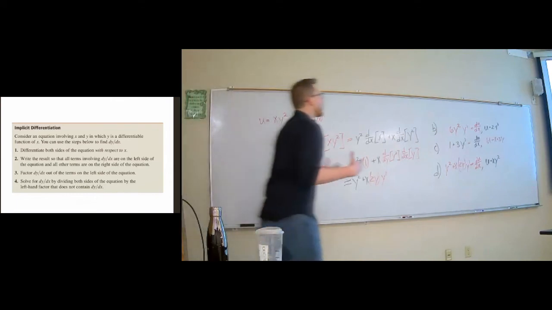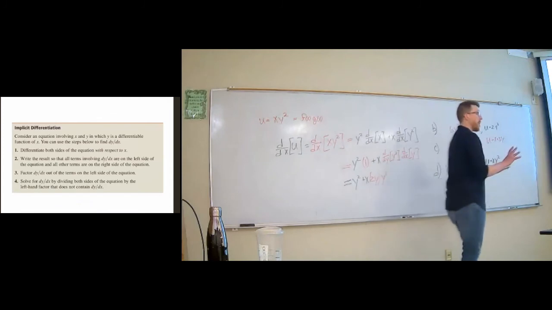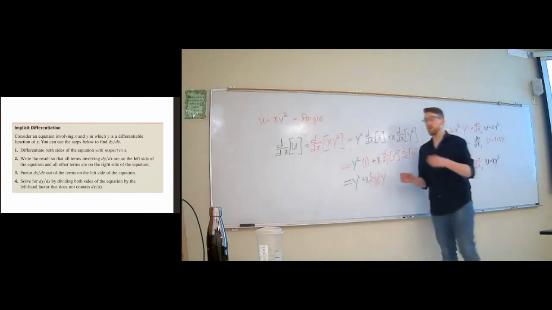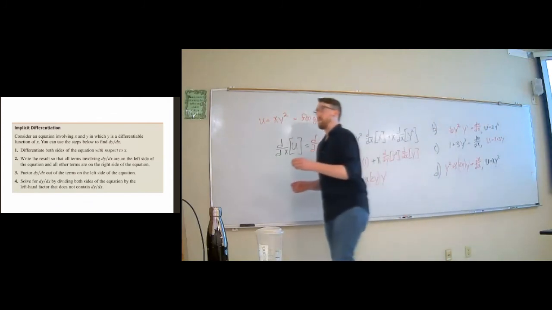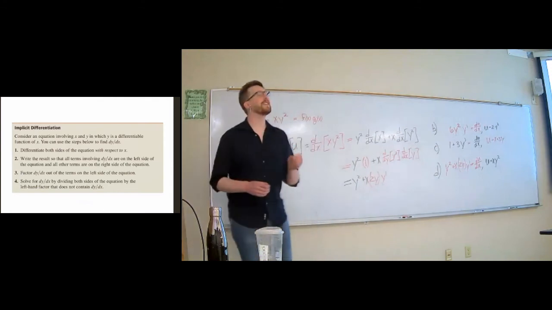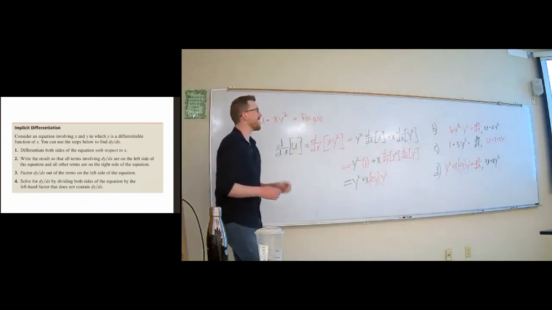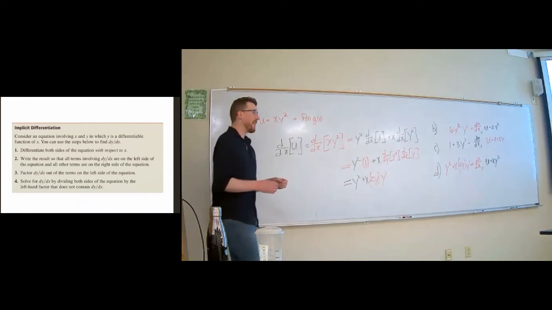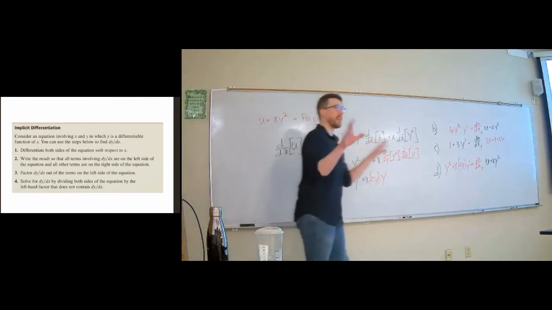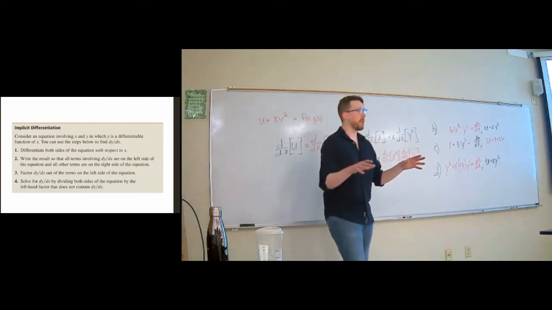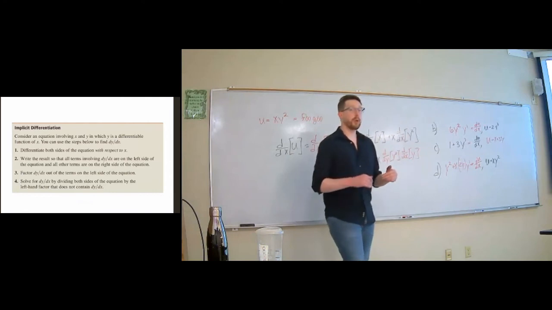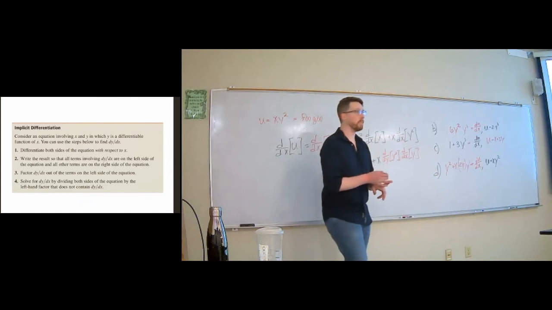The easiest way to go about this, start off by applying the derivative to both sides of your equal sign. Then go through and identify where you need to use the product rule or the quotient rule.